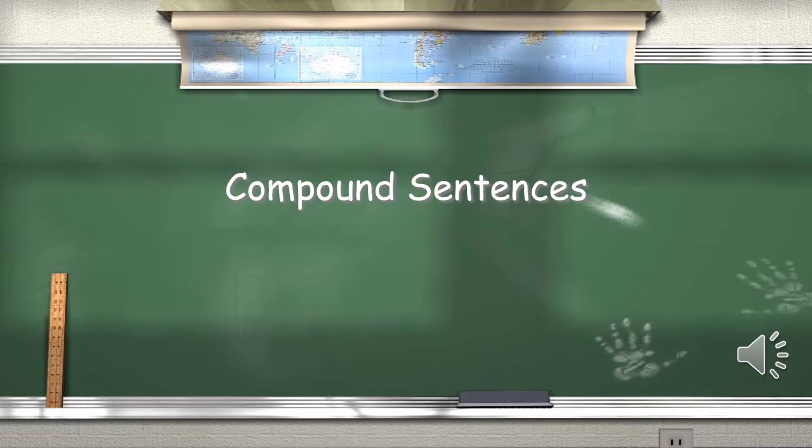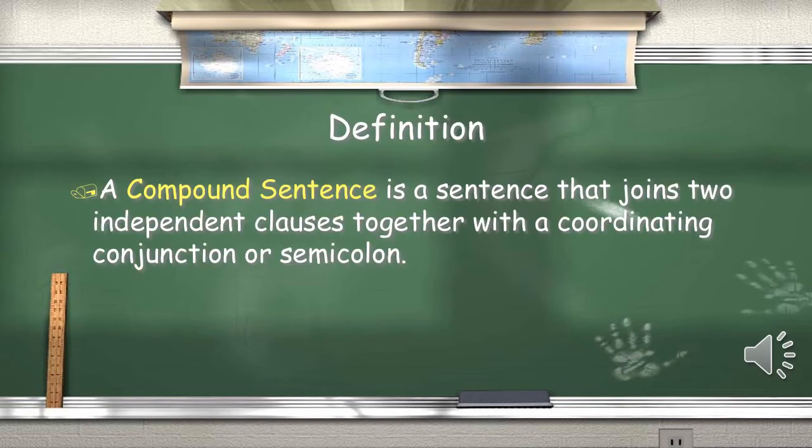So now let's discuss compound sentence. Compound sentence is another kind of sentence in English writing. So what is a compound sentence? A compound sentence is one sentence that joins two independent clauses or two simple sentences together with a coordinating conjunction or semicolon.